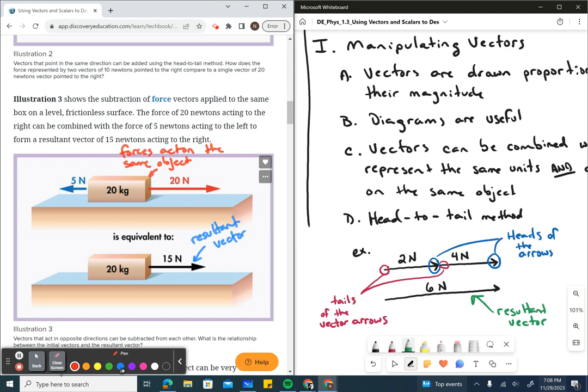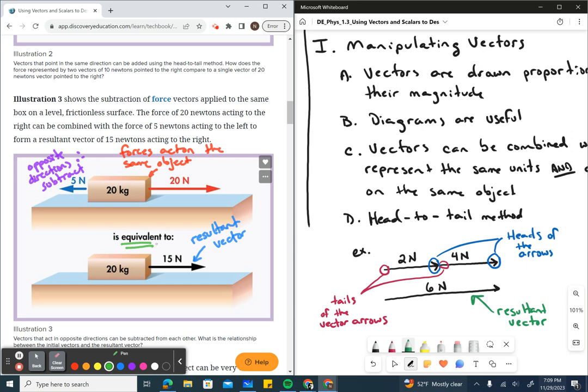They're in opposite directions. Therefore, this would be subtracting. Therefore, you would subtract these.